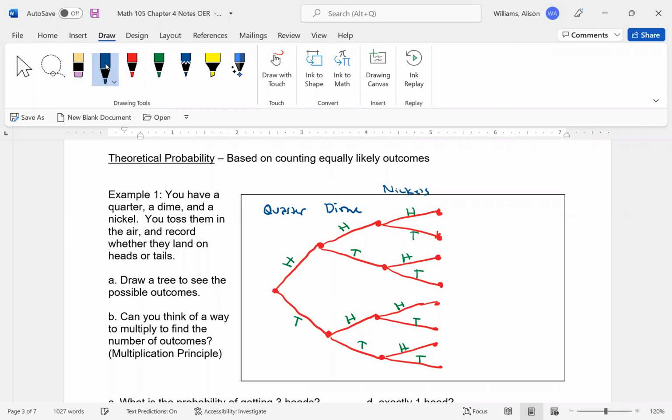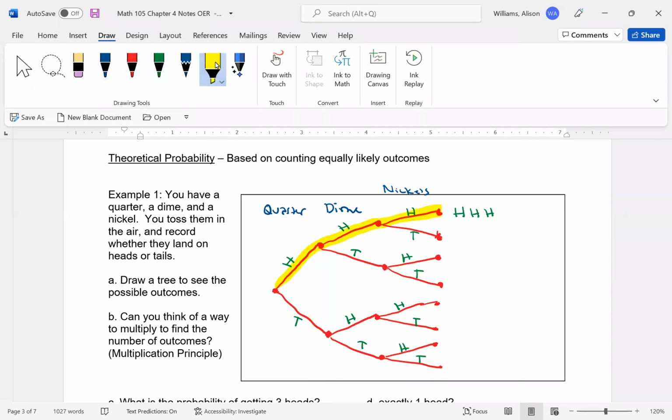Okay, so here are the possible outcomes for the very first one. And I'm following the top row here. So first one is heads, heads, heads, which would be the first type of possible outcome. All three turn out to be heads.